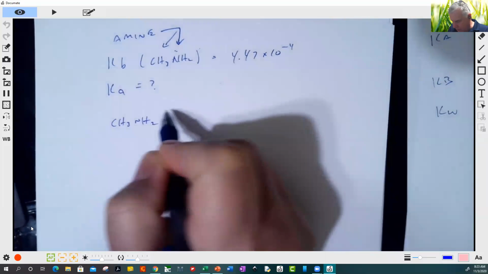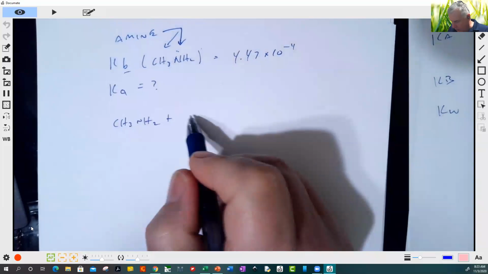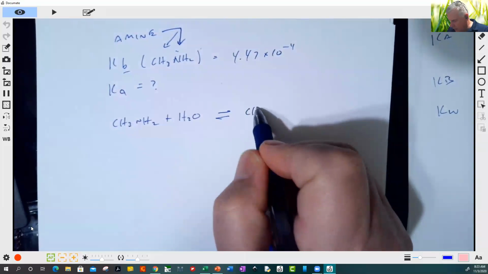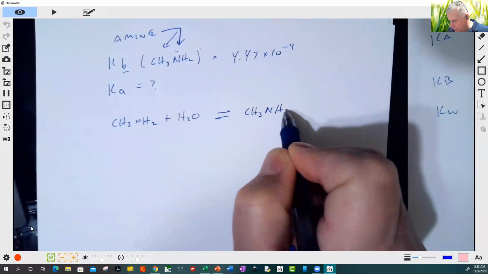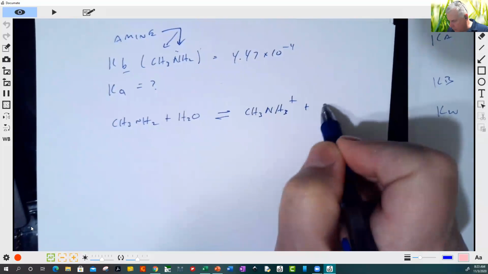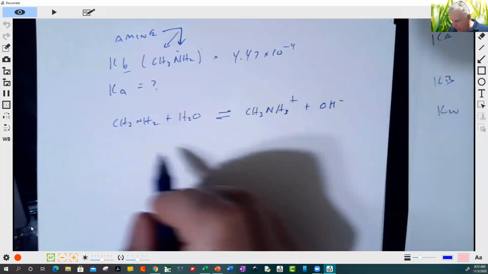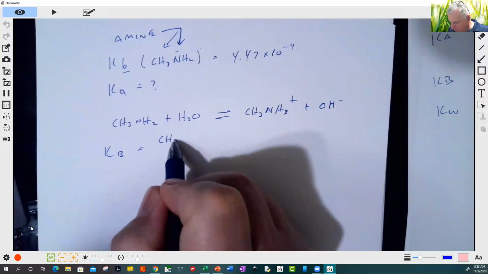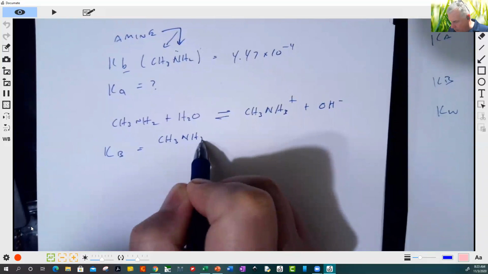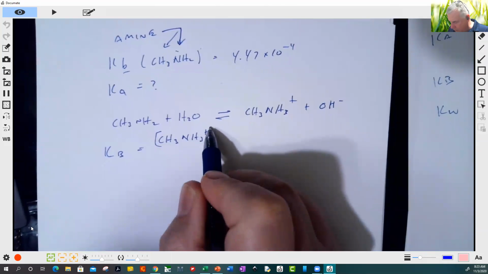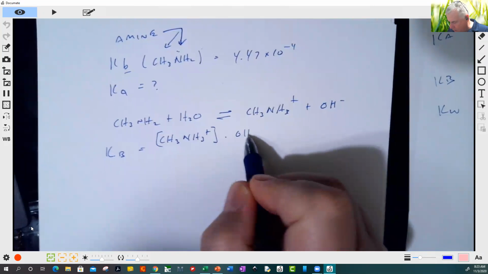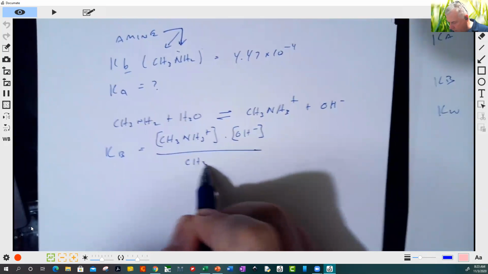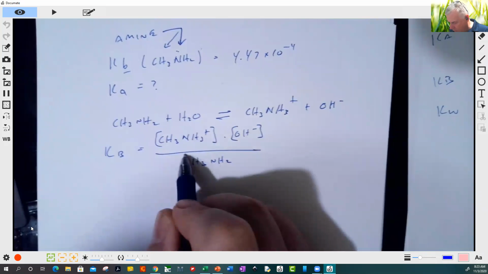CH3NH2 plus, it's a base, so we can add H2O, and that's going to make CH3NH3 plus OH minus. And the Kb will equal CH3NH3 plus concentration times OH minus concentration divided by CH3NH2 concentration.